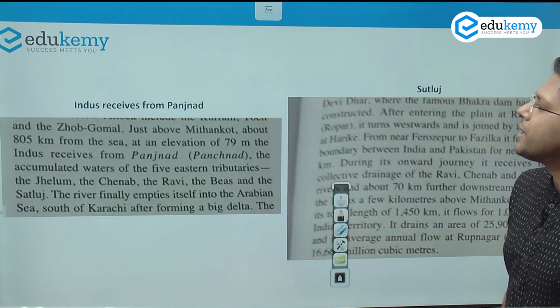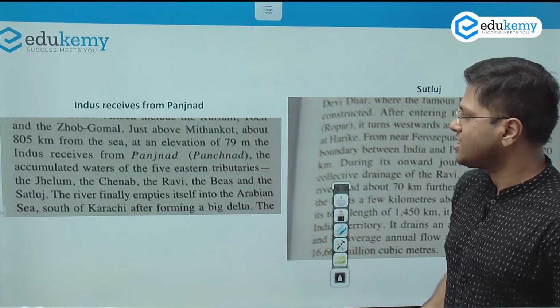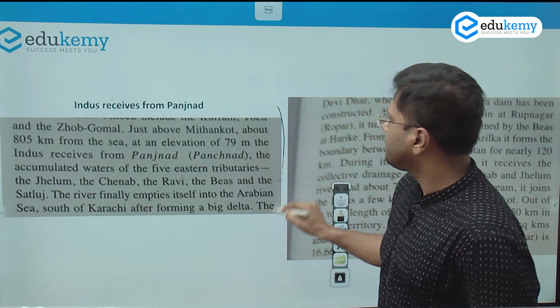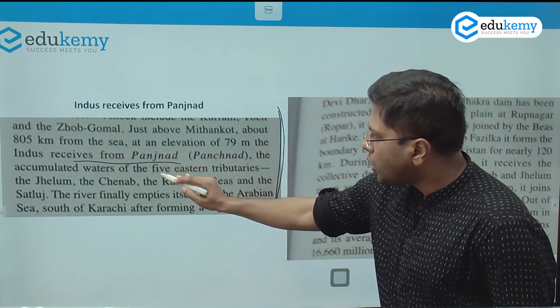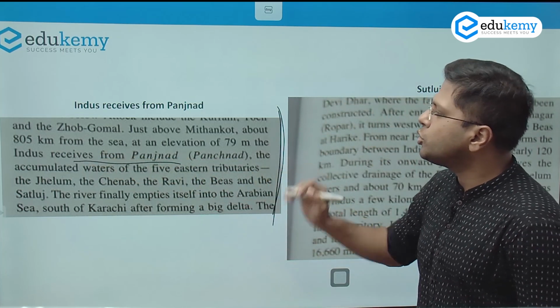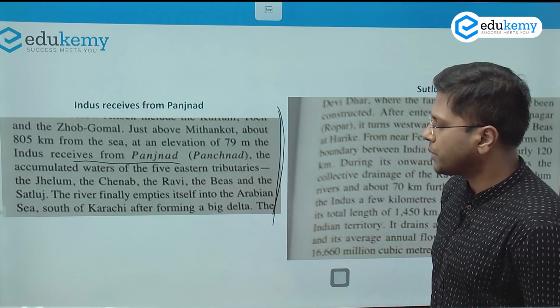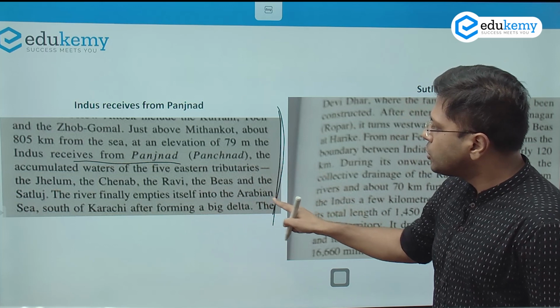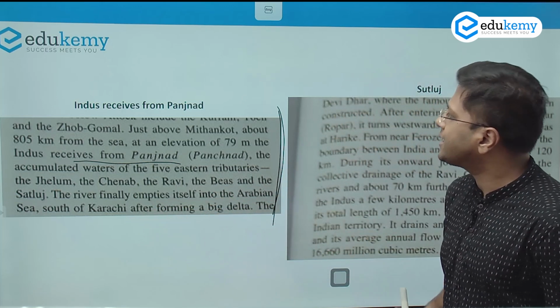It says that Indus receives from Panchnad the accumulated waters of 5 eastern tributaries: the Jhelum, Chenab, Ravi, Beas and Sutlej. The river finally empties into the Arabian Sea. We are talking of Indus, south of Karachi, after forming a big delta.